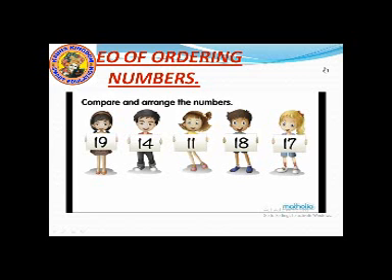Compare and arrange the numbers. Let's arrange the numbers from the smallest to the greatest. 11 is the smallest number. Let's compare the remaining numbers. Of the remaining numbers, 14 is the smallest number.